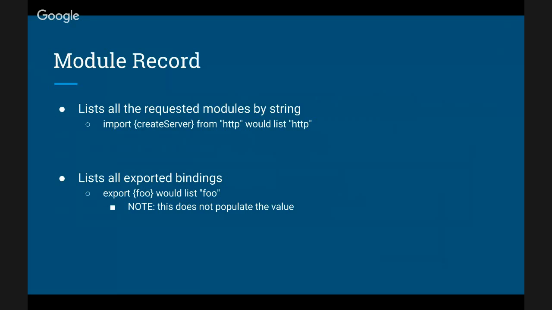The other thing is it needs to list everything it's going to export if it's an ES6 module. So unlike CommonJS, you can't change what you're exporting. You can't add a new export after your module is evaluated. So you can't do something like set timeout 10 seconds and then suddenly change exports to include a new property.